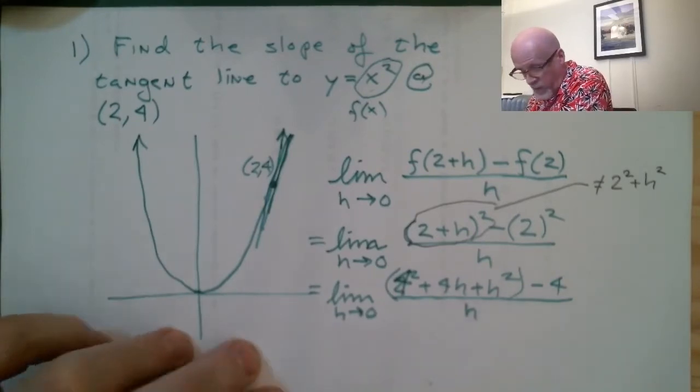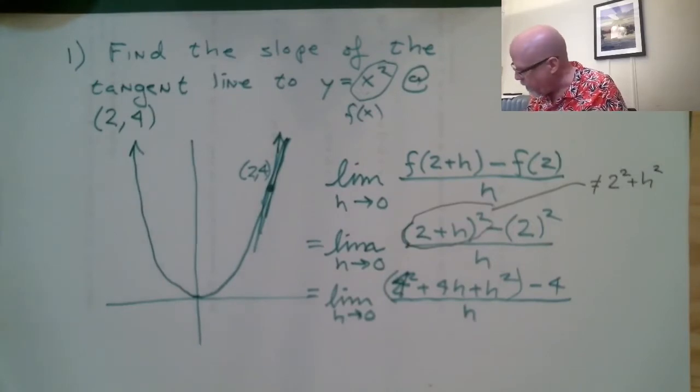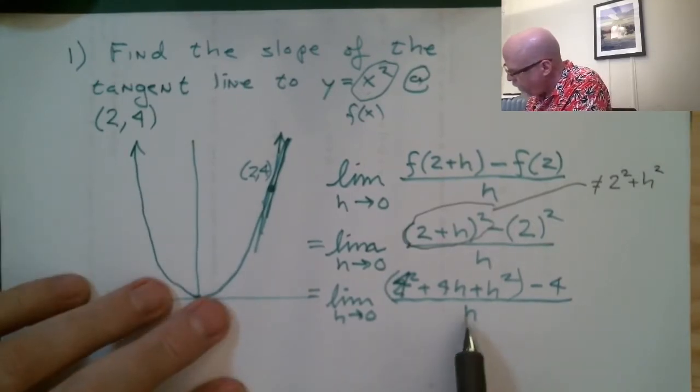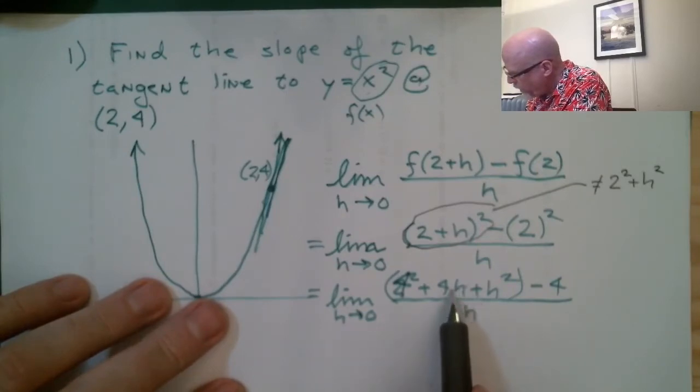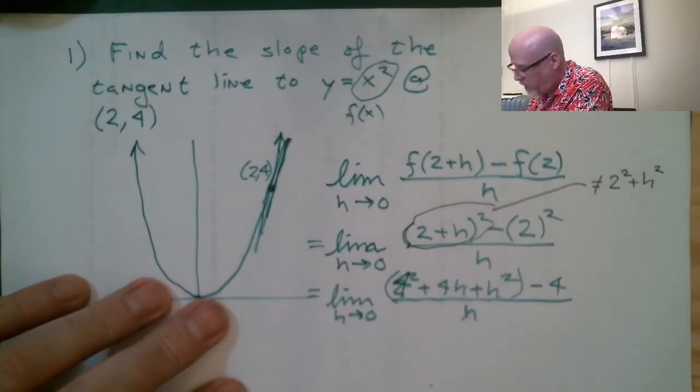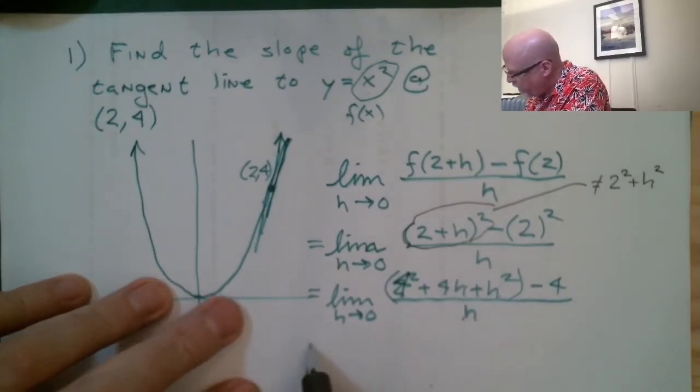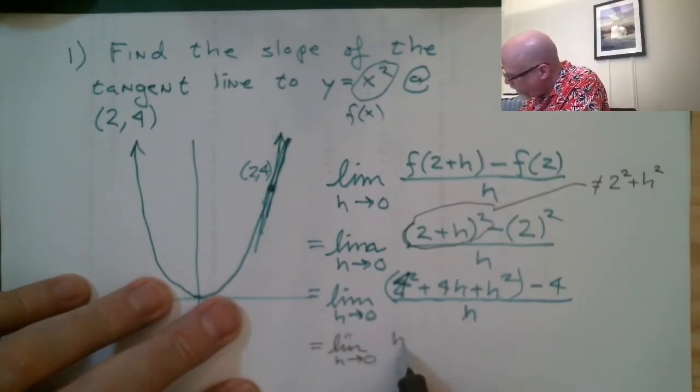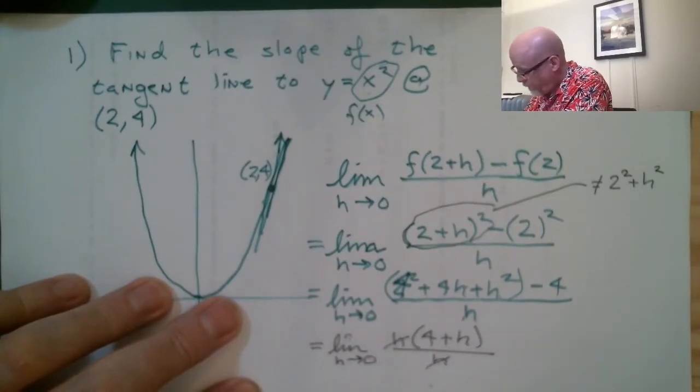Sometimes people will mess up this other piece of algebra. This dividing by h, you don't just take it out of one of these. Both of the terms in the top have an h in them. You could imagine it this way, that you factor out an h from both terms upstairs, and then you have h times 4 plus h over h, and then it's those h's that cancel.